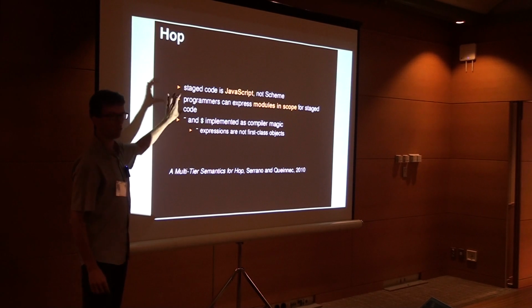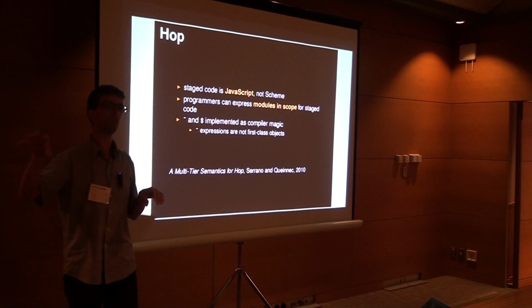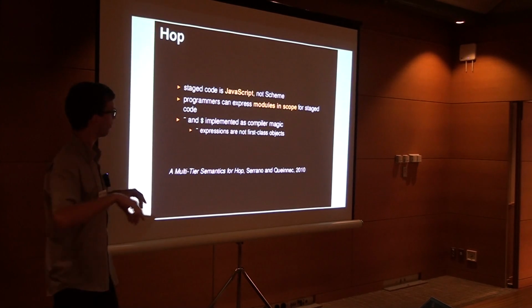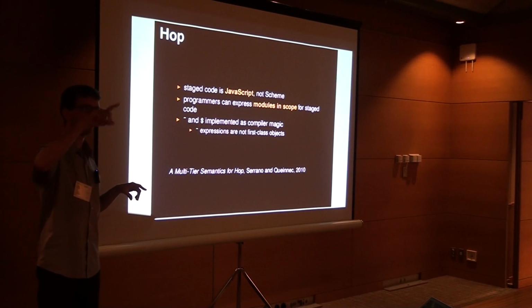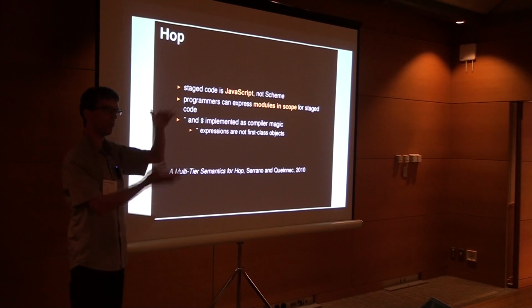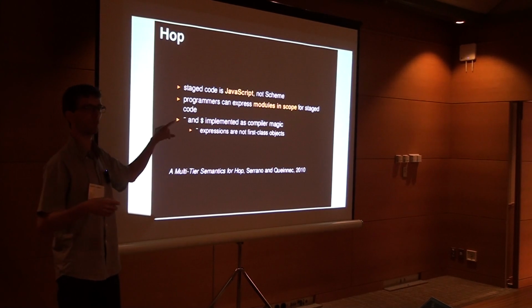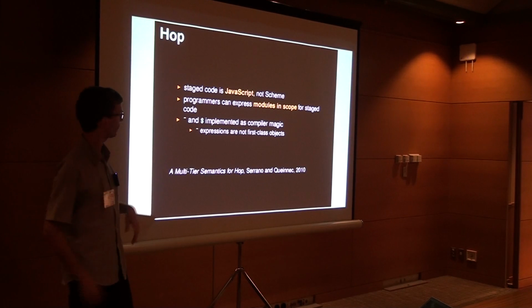Then one thing that I really like about what Hop does is that programmers can express which modules are going to be used on the client side. If I remember correctly, you have a tilde import module form, which essentially tells that within this file, all the client code is going to require this module. And then everything happens automatically.